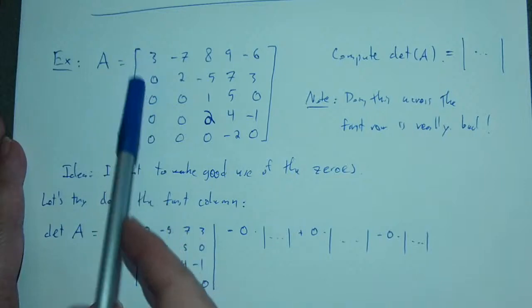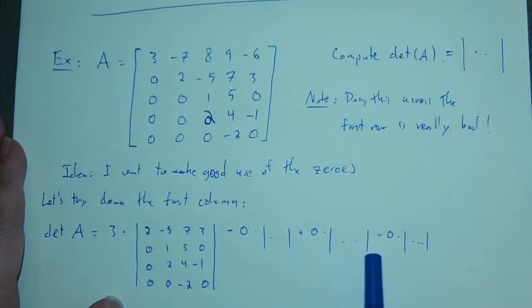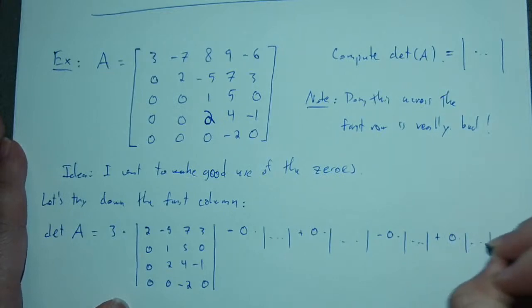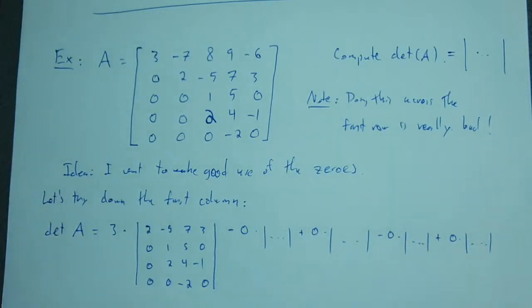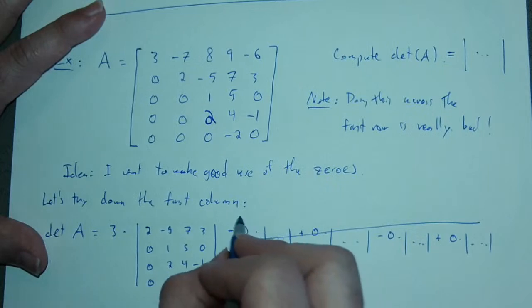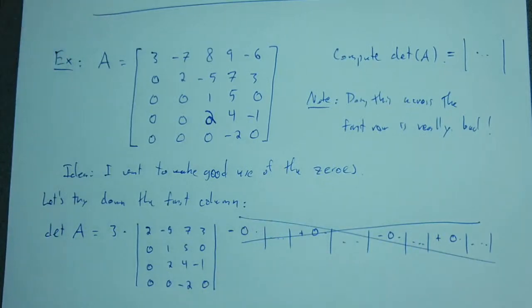Did I get them all? 3, 0, 0, 0, one more, right? So plus 0 times another determinant that I don't care about. So technically all those terms are there, but why we've done it this way is all of these things go away. All of these are 0, and so this determinant can be computed like this.